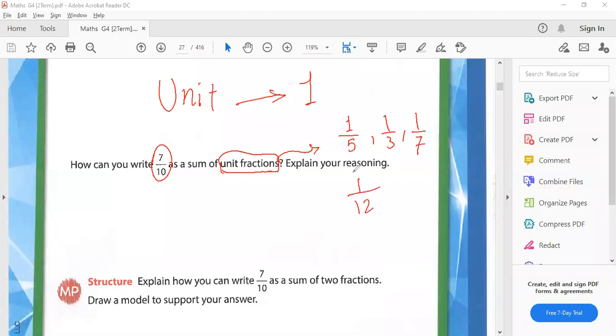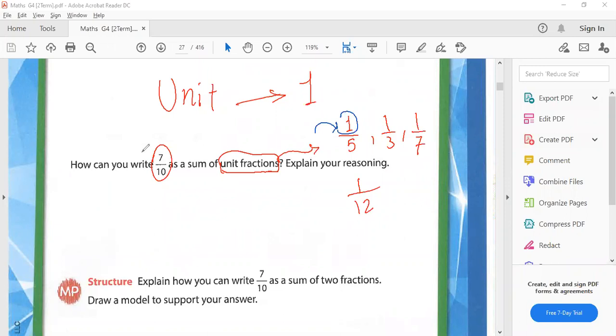Any fraction whose numerator is 1 is named a unit fraction. So if you have a fraction whose numerator is 1, you start reading it with 1, which means that this fraction is a unit fraction.